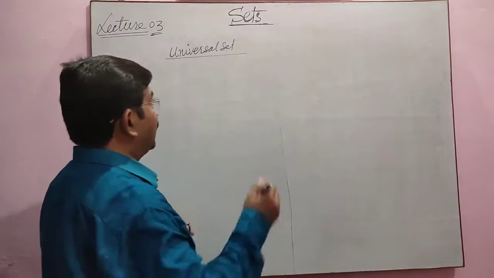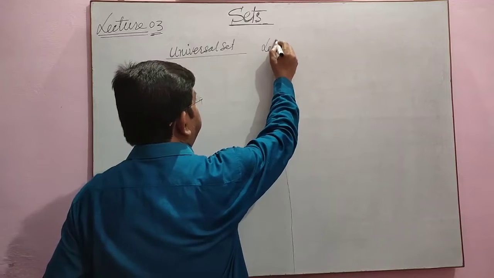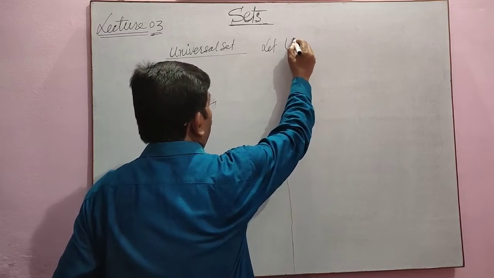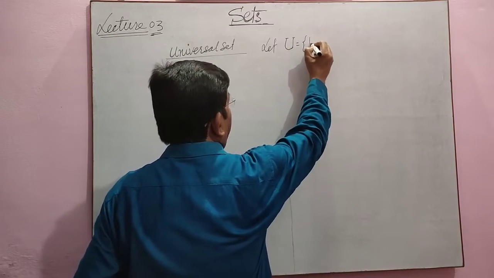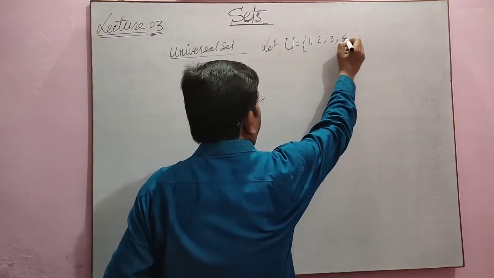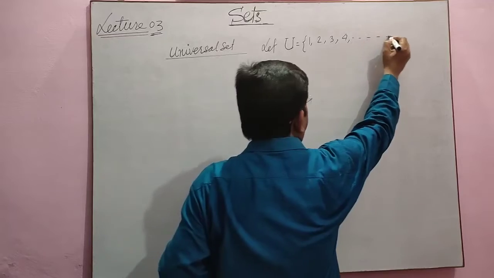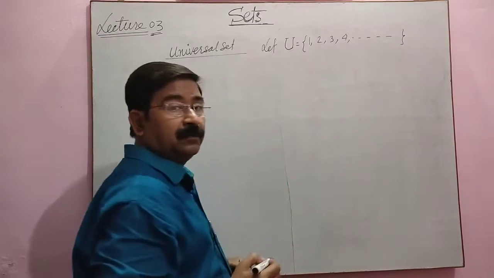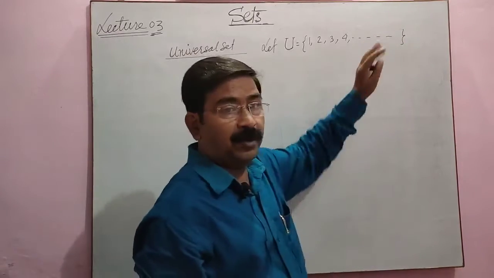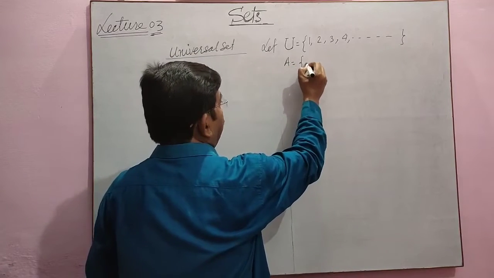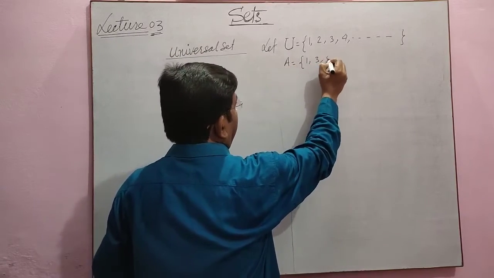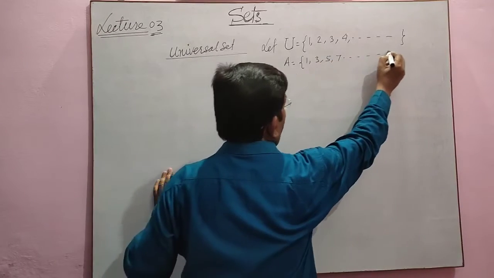Suppose I am giving a first example. Let U be denoted as the universal set, and we write 1, 2, 3, 4 and so on up to infinity, the set of all natural numbers. We have a set A, suppose 1, 3, 5, 7 and so on.